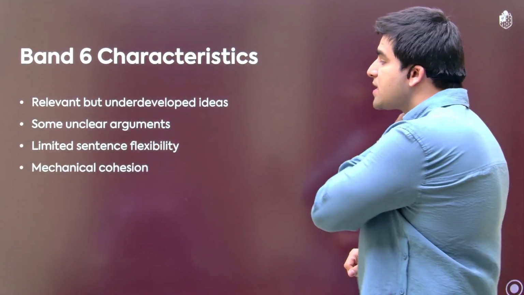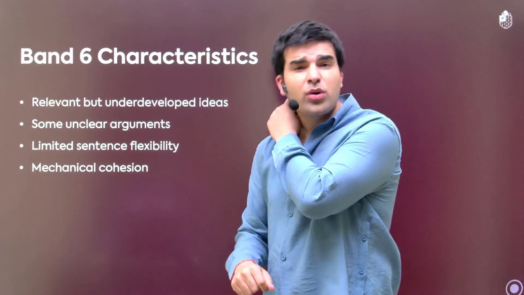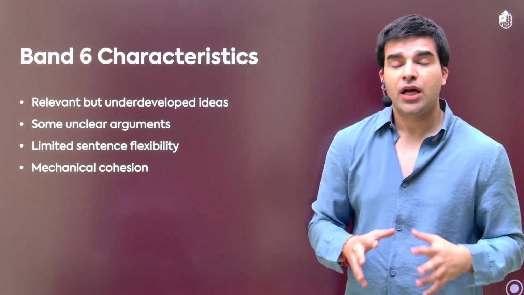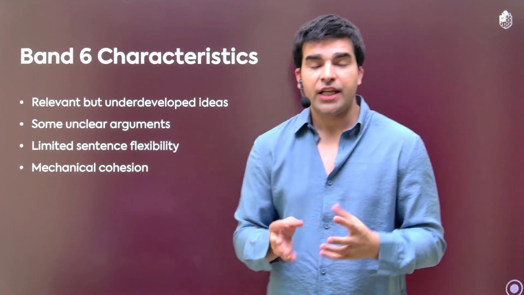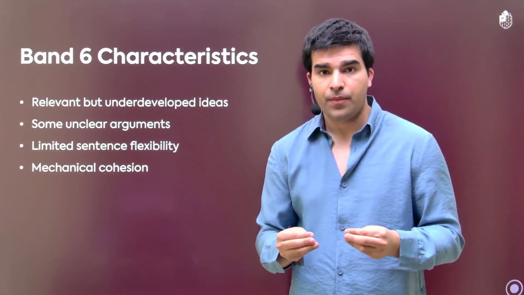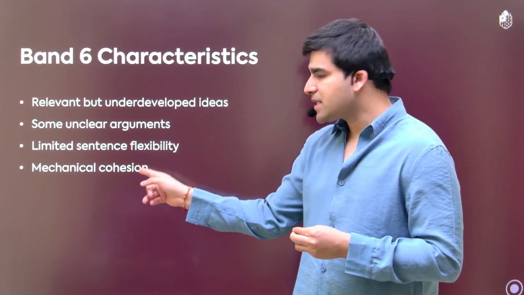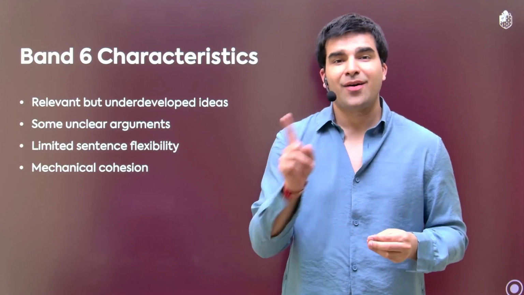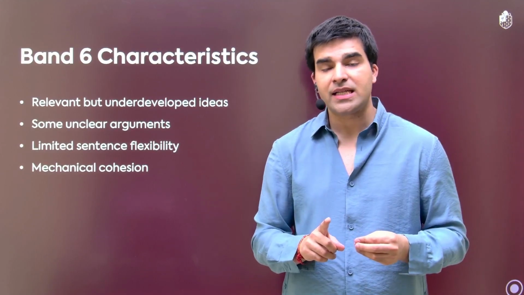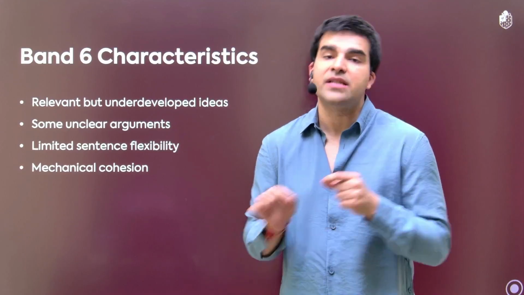The next point is mechanical cohesion. What is the meaning of cohesion? A lot of students do not know that. Cohesion stands for the flow. And when it comes to cohesion, there's one word that comes to my mind, and that is cohesive devices.